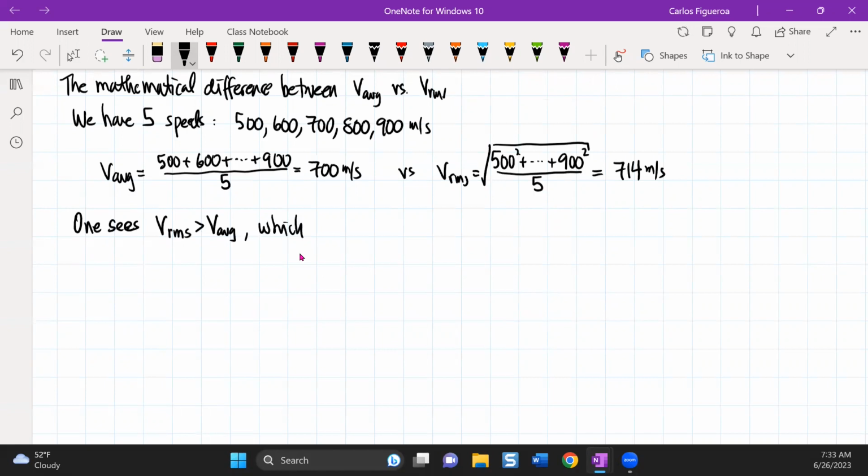Which implies VRMS, because of the square, slightly favors higher speeds. So RMS, it's close, it's not the same, but at least we don't have that sign. So it's a type of average.